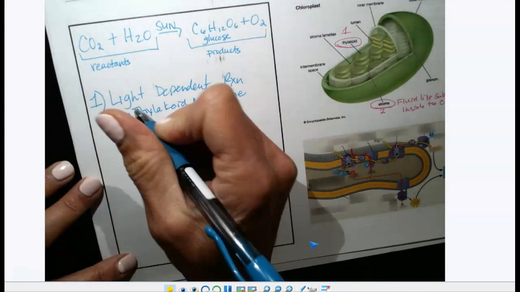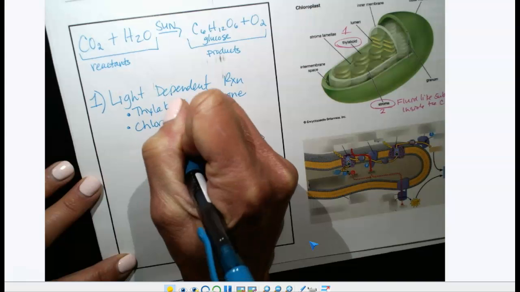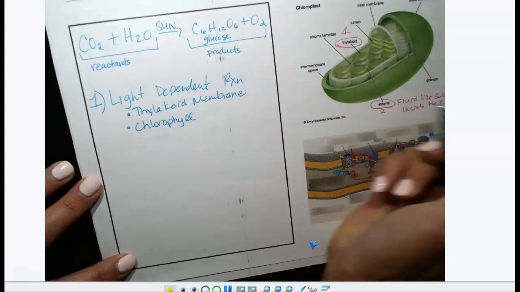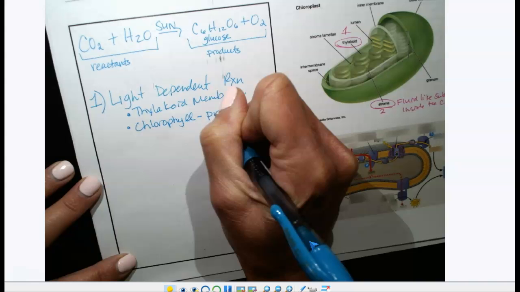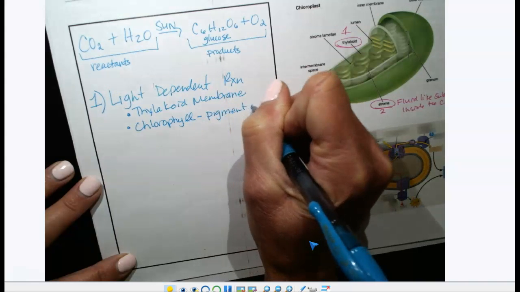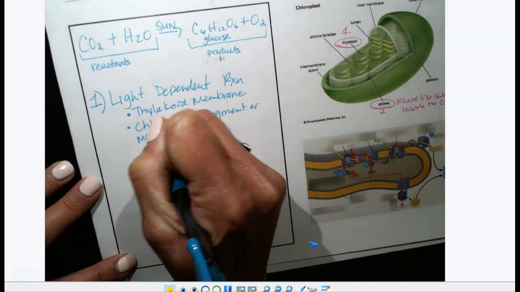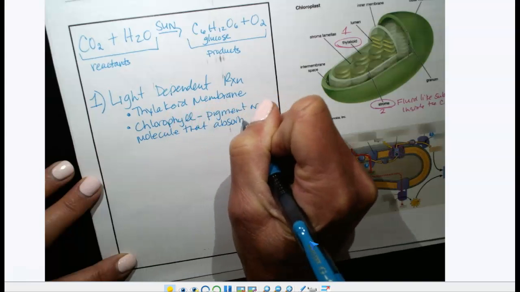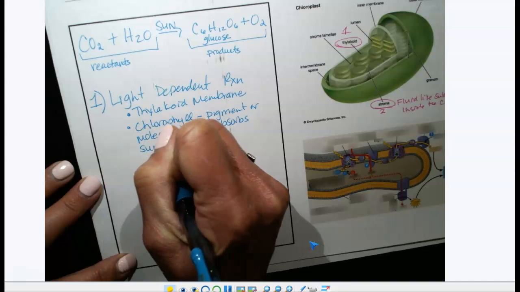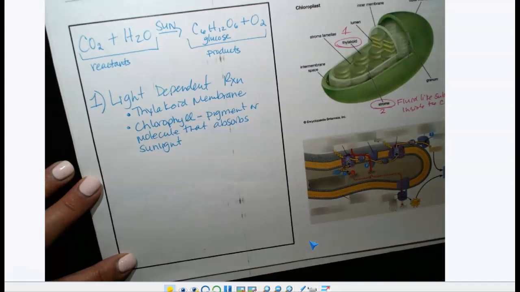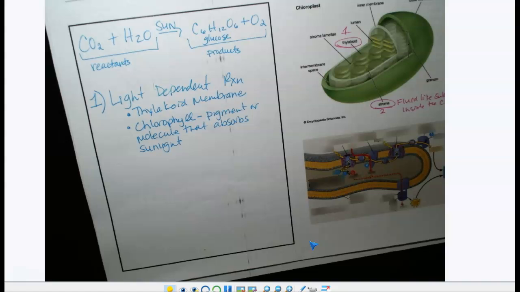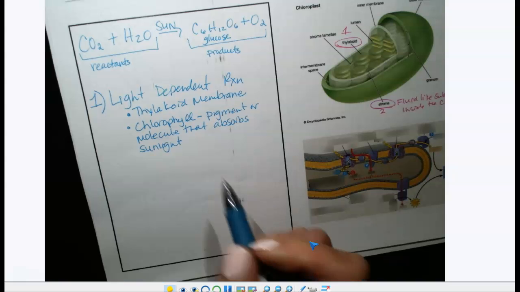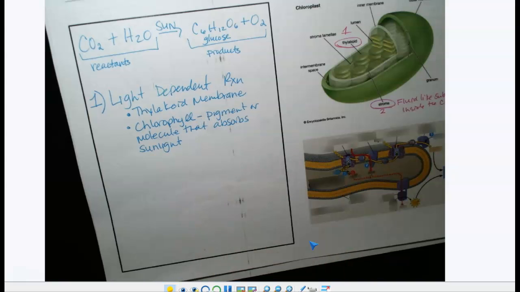Another key player is chlorophyll. Chlorophyll is a pigment or molecule that absorbs sunlight. Let's see if I can make it a little bit bigger.